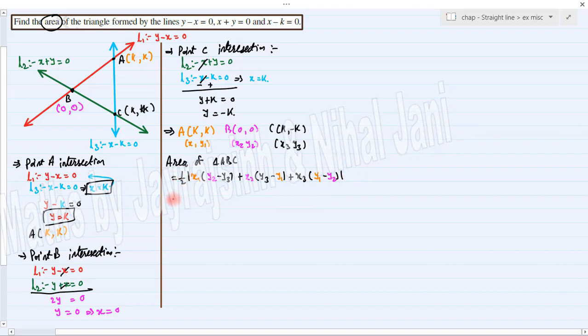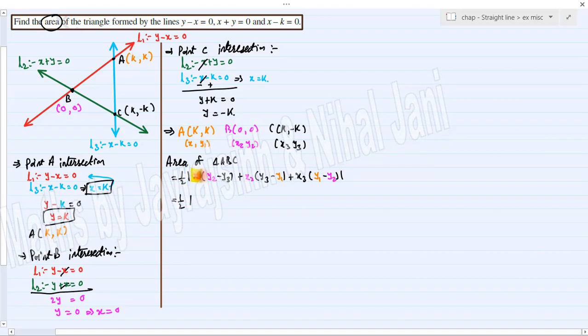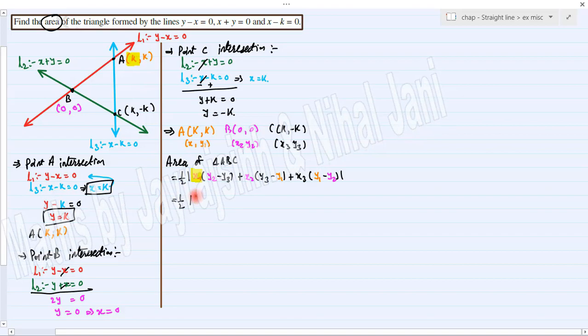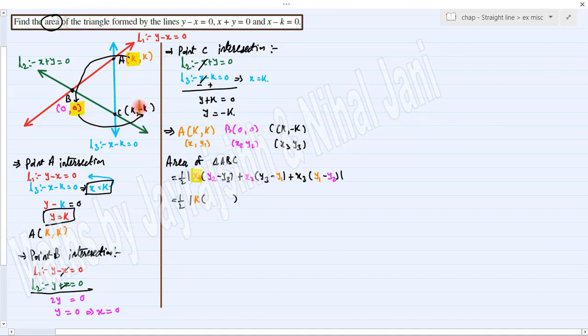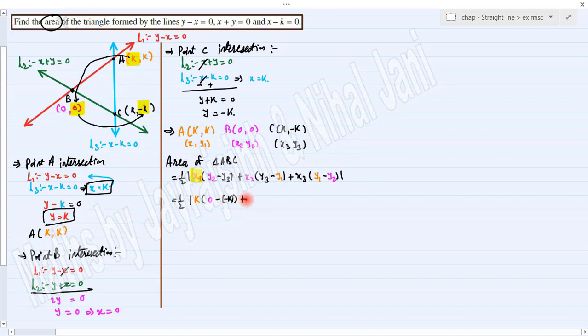If you have a problem dealing with the equation, let me show you one trick. First of all, select the x coordinate of any random point. Here we are selecting k. We have to move in an anti-clockwise direction, and we'll take the difference of the y coordinates. In this case, we have to take 0 minus k. Then you have to do the same thing with the second point.